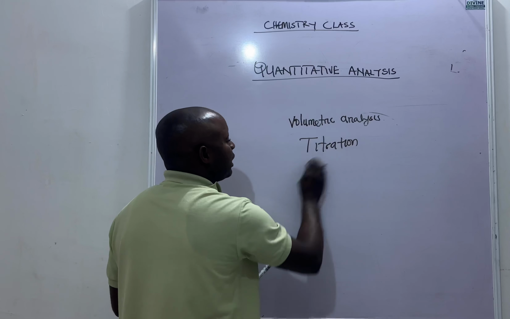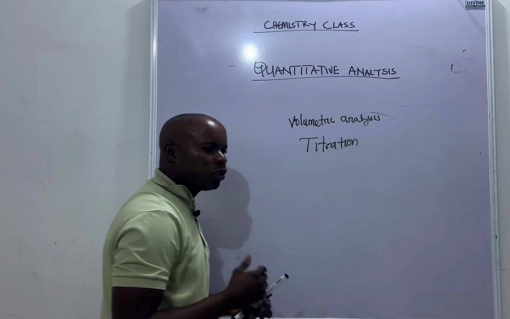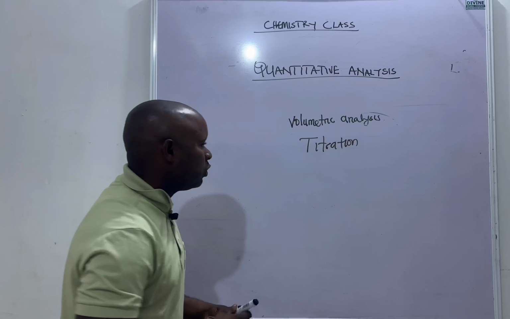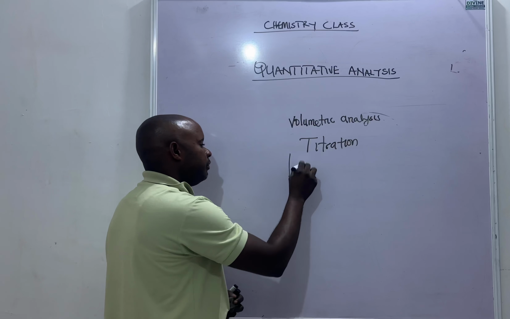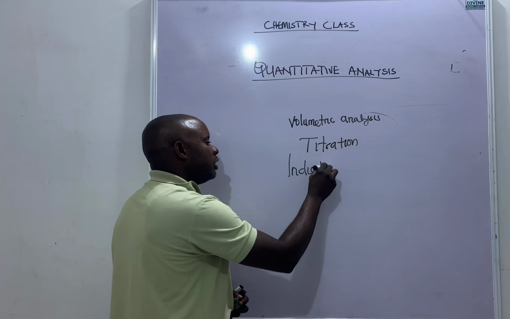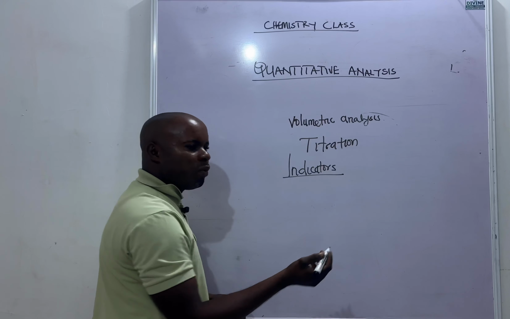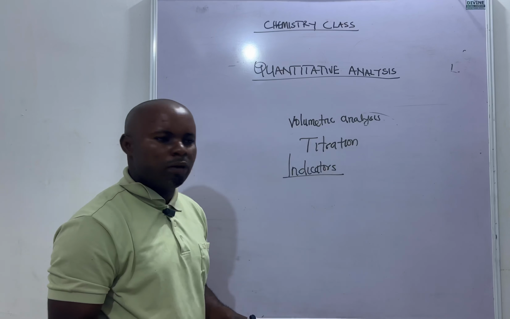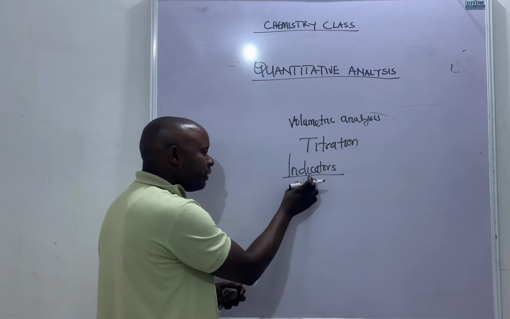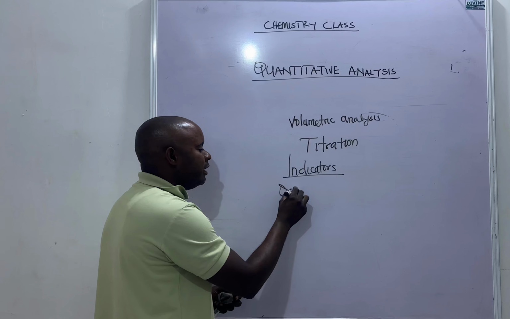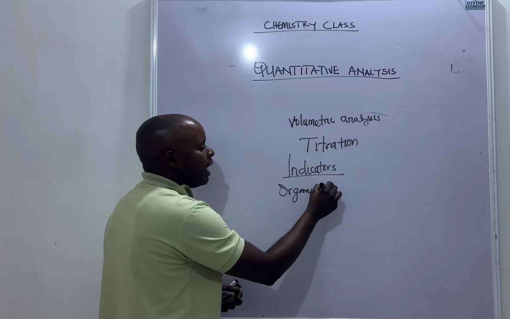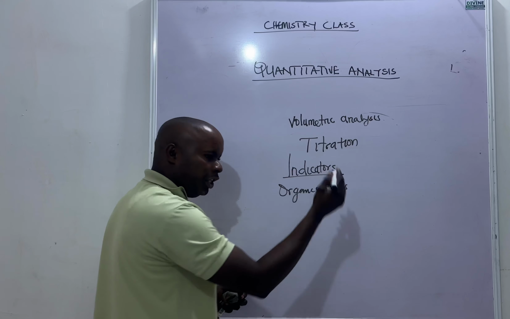A very important aspect of this titration is that we must know what indicators are. An indicator tells us when a reaction has gone to completion. We define indicators as organic dyes that change color with pH.